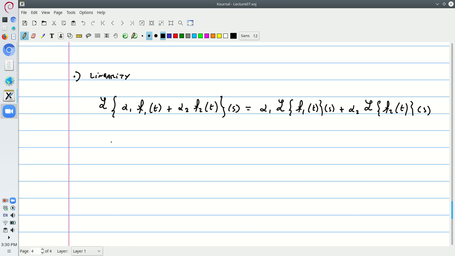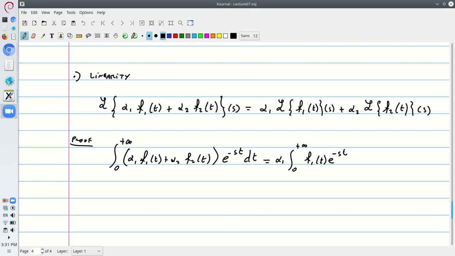So this is the first property, and it's very easy to prove, because if you are computing the integral from 0 to plus infinity of alpha 1 f1 of t plus alpha 2 f2 of t, so this is the one-line or two-line proof, in dt, if you are computing the Laplace transform of the function that you obtain by scaling f1 and f2 and adding up the two scaled results, this is equal to, you apply the linearity of the integral, so this is given by alpha 1 integral from 0 to plus infinity f1 of t exponential of minus st in dt plus alpha 2 integral from 0 to plus infinity of f2 of t exponential of minus st in dt.